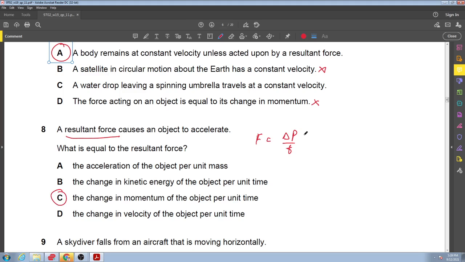So our answer is C. Keep in mind that the definition of force is the rate of change of momentum, or change in momentum over time. You can also say Newton's second law is that the force is proportional to the rate of change of momentum. So our answer is C for this one.